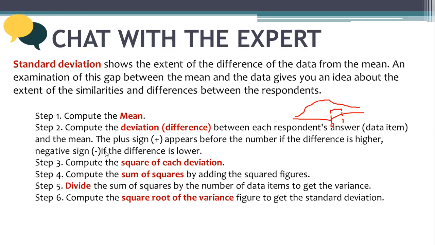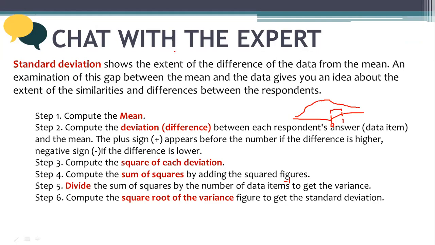Then, number 5, divide the sum of the squares by the number of data items. Let me correct your module. That must be number of items minus 1 because this is grouped data. Number 6, compute for the square root of the variance.